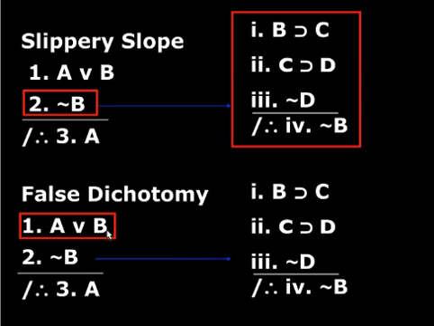So you could still commit the same error of not recognizing all the possibilities, even if I think there's two others but there's really three, or I say there's five options but there's really six. As long as there's really more options than I'm saying there are, and my argument depends on that fact, then I could be committing a false dichotomy fallacy.